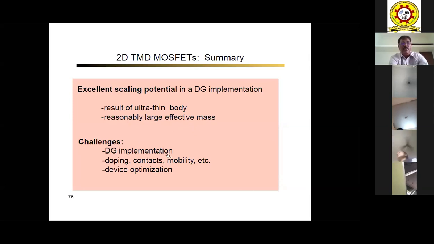Double gate implementation is a challenge in this. Doping and contacts and mobility, etc. Device optimization is also a challenge. Actually, most of these candidates, even though you come up with some successful designs in terms of simulations, how far they are feasible in terms of fab designs, that is one challenge.